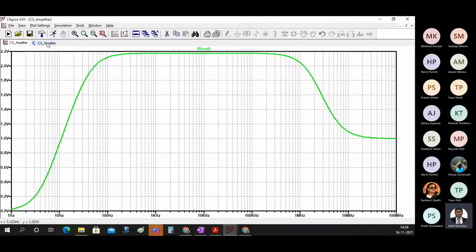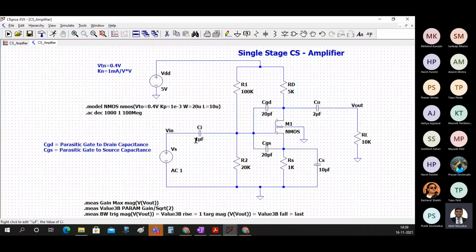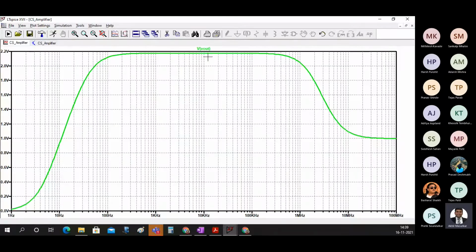Now this value that we are seeing is gain only because my input voltage is 1 volt. So what I am plotting here is only V out. I am not plotting V out by V in. That is why SPICE shows this unit as volt.